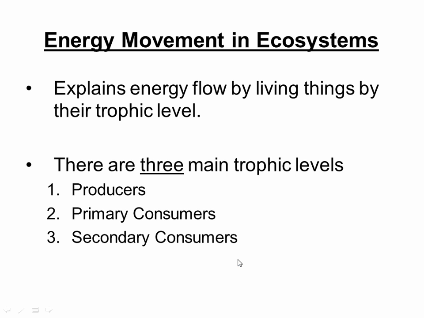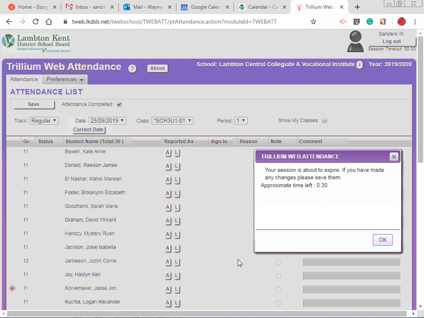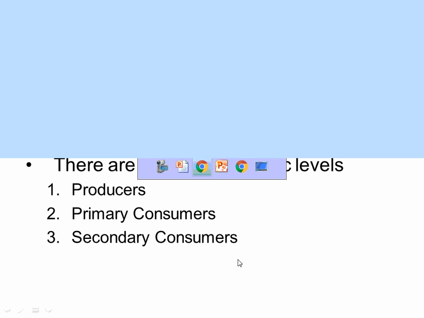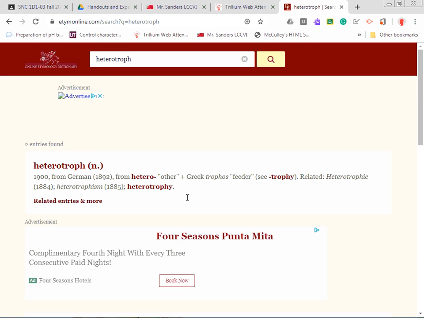So I looked up one of the words on a website that explains the origin of words, okay? And it breaks down where words come from. And one of the words we're going to look at today is called a heterotroph, all right? A heterotroph. So in order to help me understand what that means, I need to look up what that is.